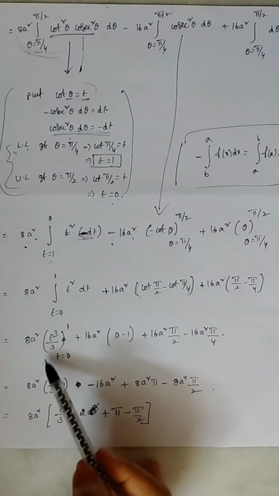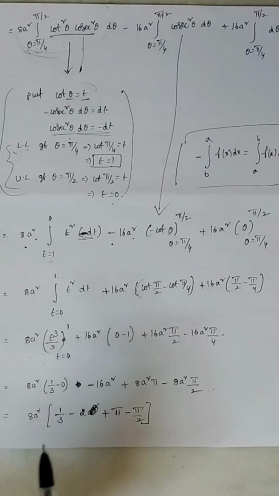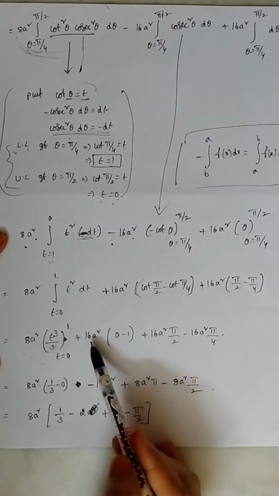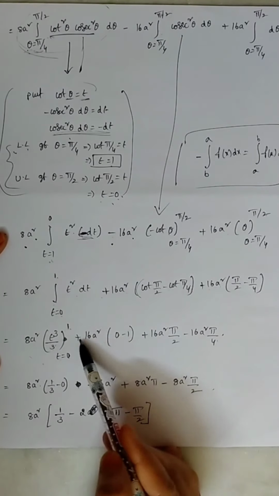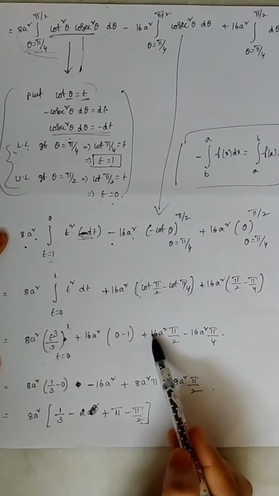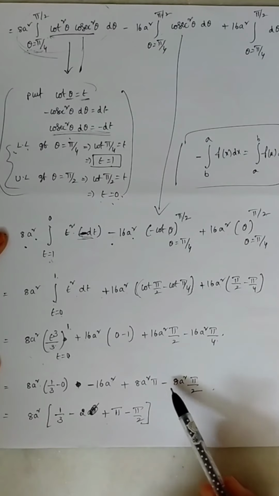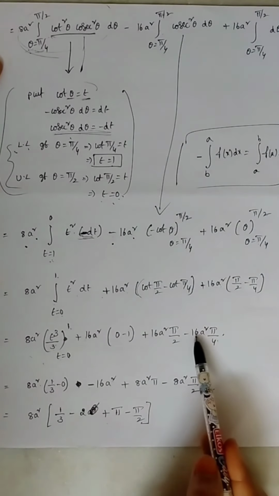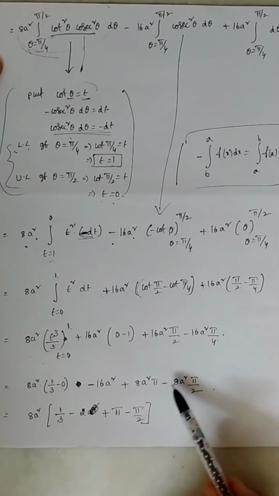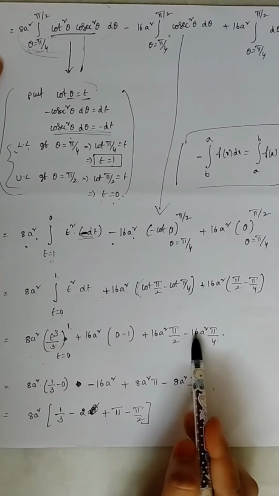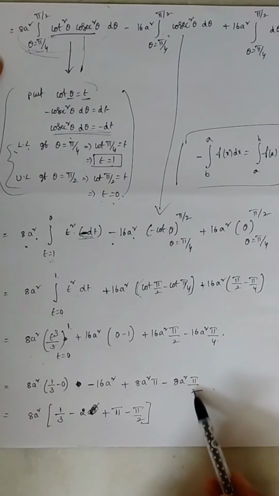So 8a square, substitute the upper limit and lower limit: upper limit 1, 1 by 3 minus lower limit 0, 0 minus, plus, minus minus 16a square plus 2 8s are 16, 8a square pi minus, just taking in terms of 8 because we have to show the answer as 8a square. So 2 8s are 16, 2 2s are 4, 8a square pi by 2.